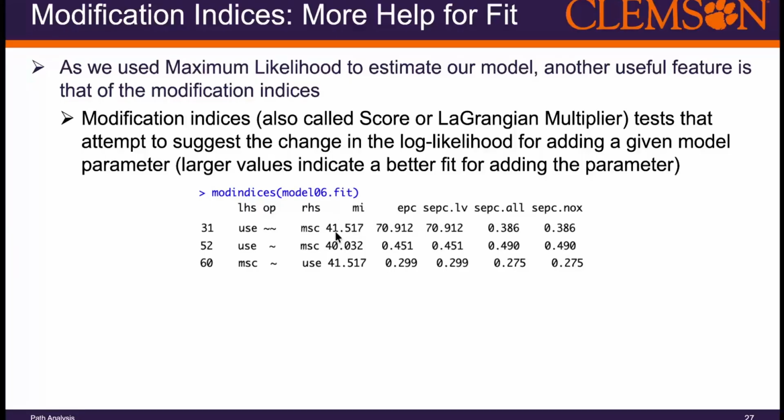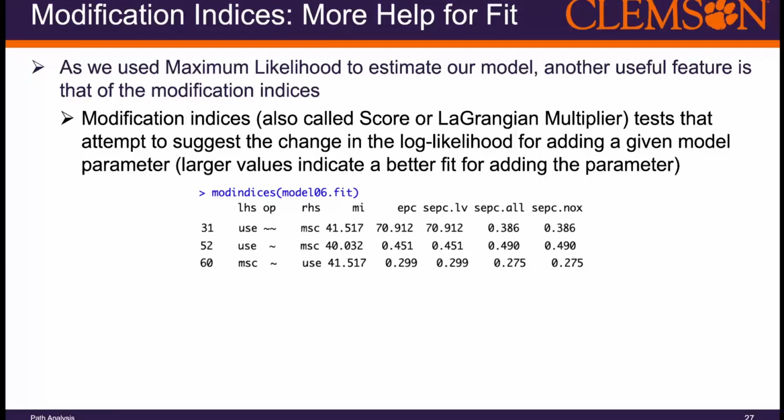The MI column represents what the score tests suggest would be the likelihood. Like if we were to add this parameter and look at the likelihood ratio test between the model with this parameter and the model without. So our model without is our current model. We would expect the likelihood ratio test to be 41 with 1 degree of freedom. Right?